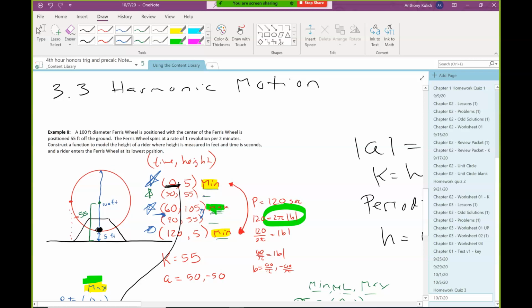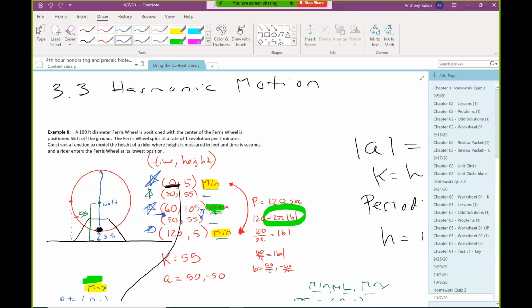Yep. Which one should it be closer to, the 105 or the 55? Well, 73 is closer to 60 than it is to 90, right? So it should be closer to 105 than it is to 55, which is, again, what we saw.